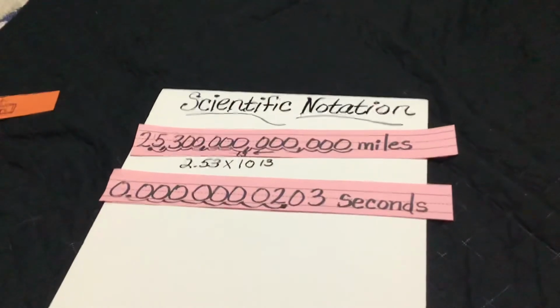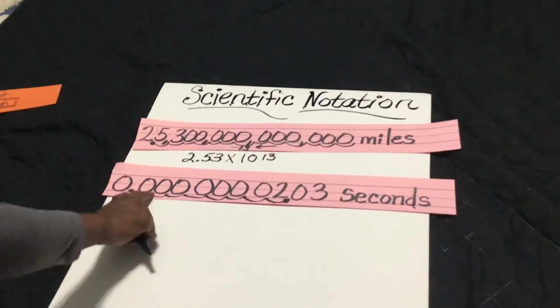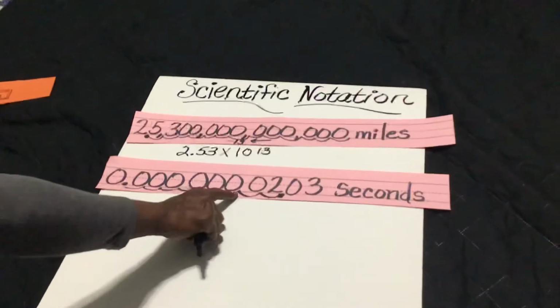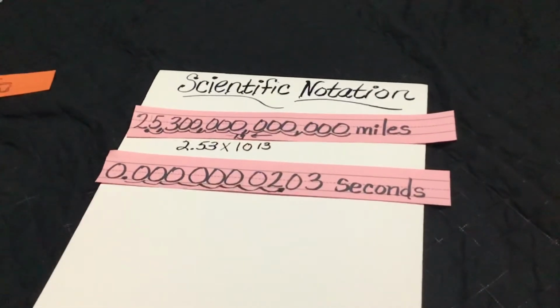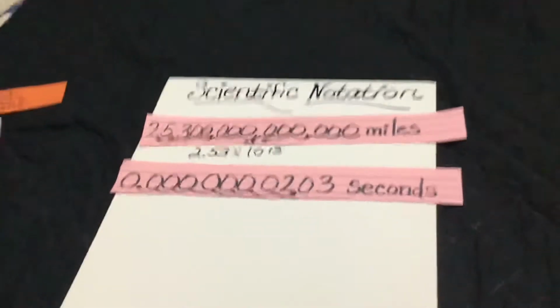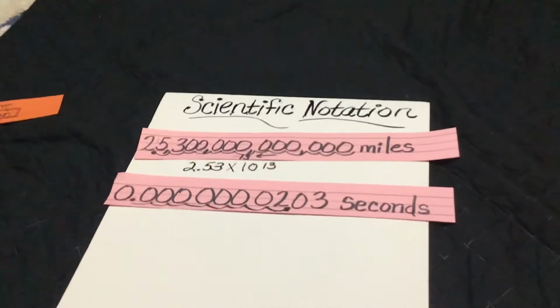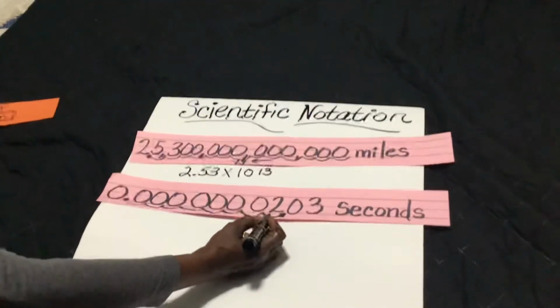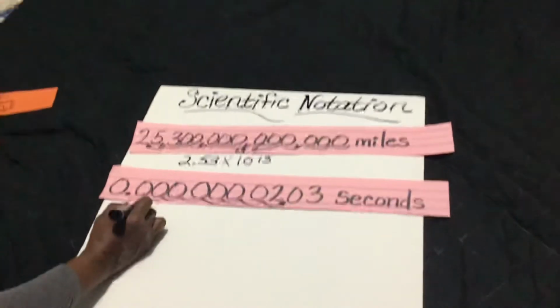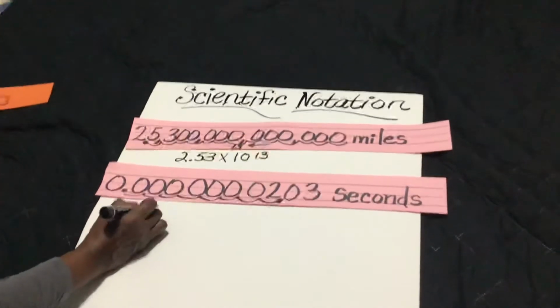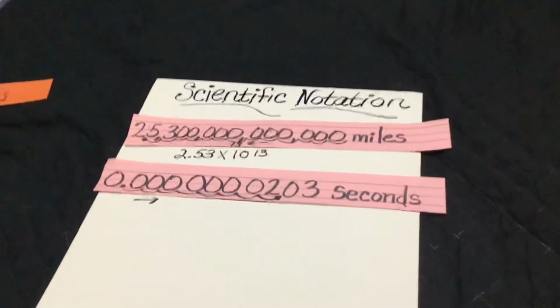So 1, 2, 3, right here. 1, 2, 3, 4, 5, 6, 7, 8. I have to move 8 in this direction, going this way. Remember, we went this way, and I moved 8 times.